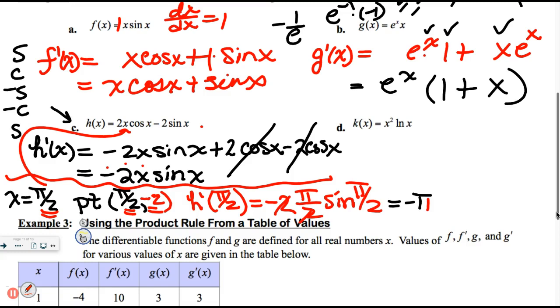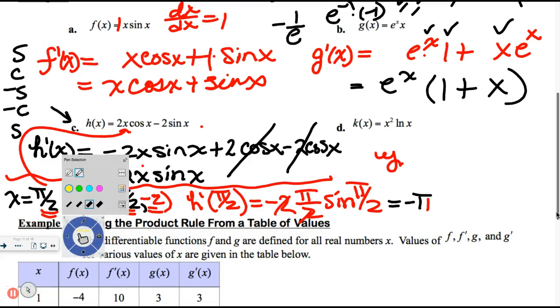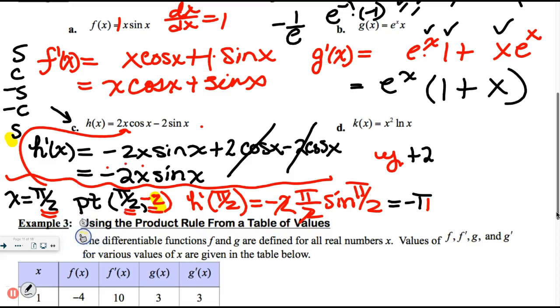So my equation for the tangent line would be y minus the y I know, which would be y plus 2, is equal to the slope times x minus the x I know, pi halves. That's the equation for the tangent line.